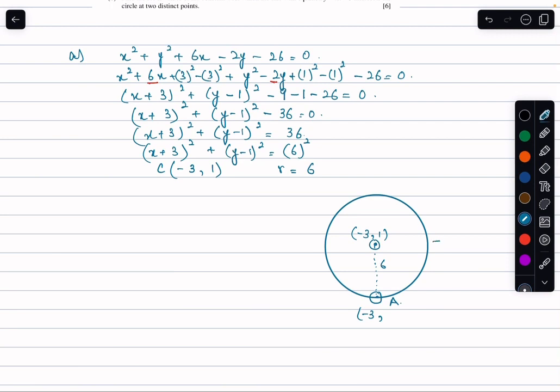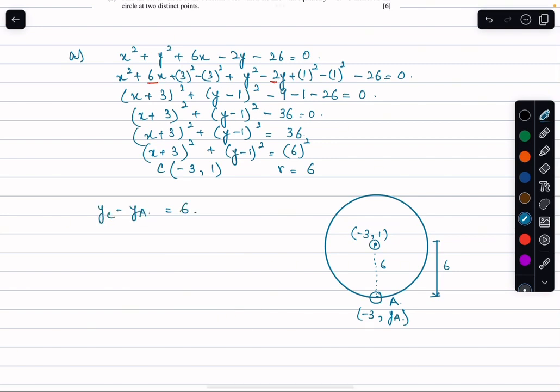Just below the center, I can have the lowest point on the circle. So obviously, the x coordinate will not change. It's −3. The radius is 6, meaning from 1, I shall be moving down by 6 units.